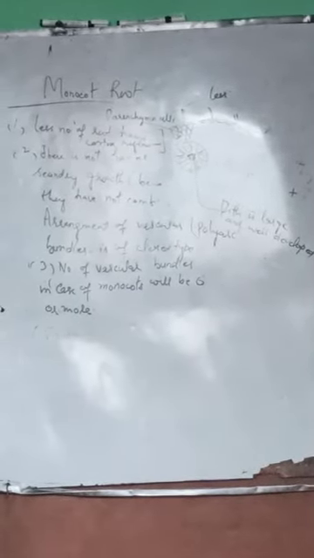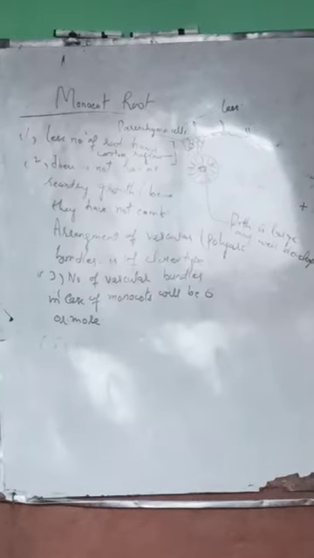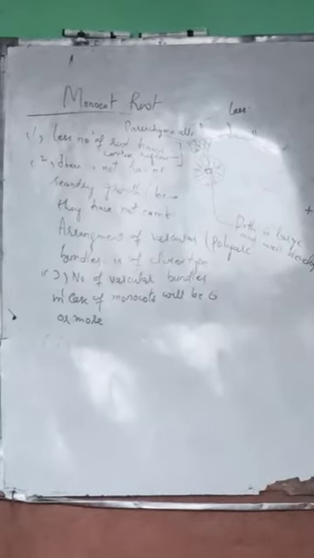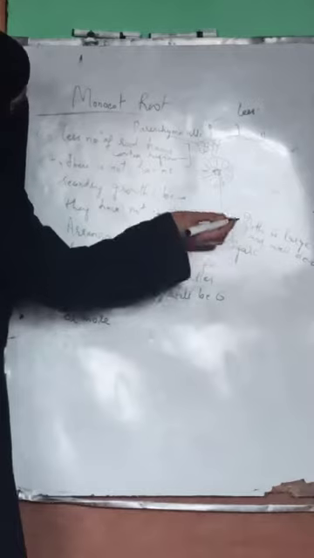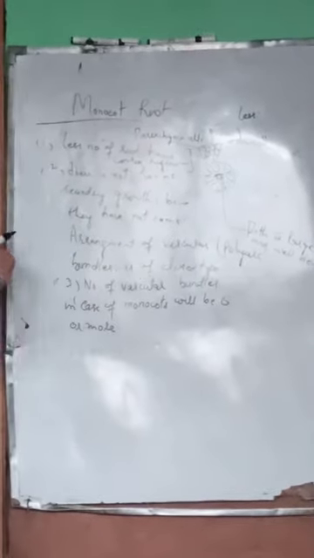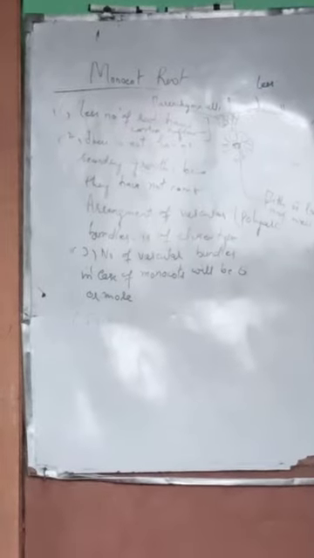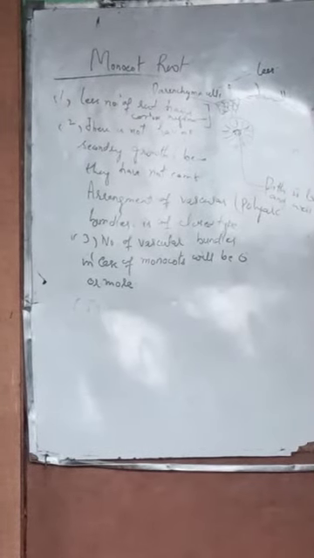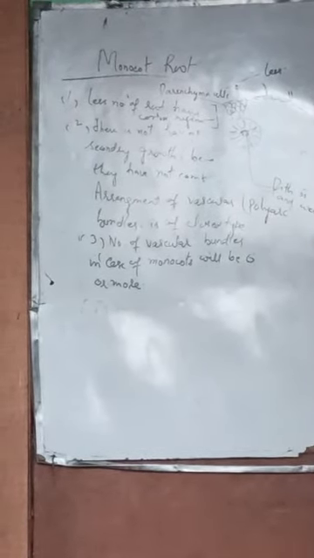There is also a conjoint arrangement: xylem towards the pith and phloem towards the periphery. So that was all about dicot and monocot roots. Thank you very much.